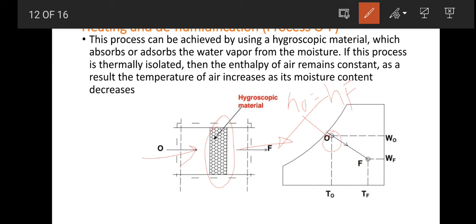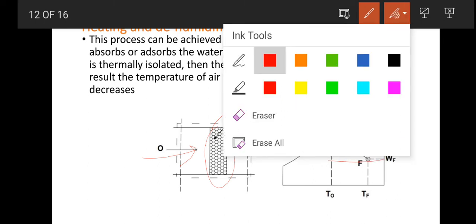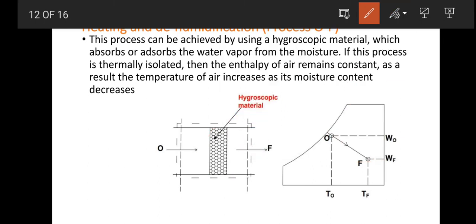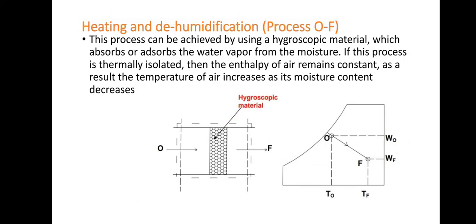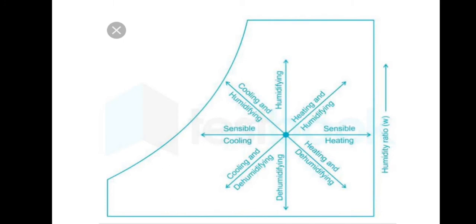This is called the heating and dehumidification process, because this process consists of a latent cooling process and a sensible heating process. Okay, so this is about the heating and dehumidification process. Now we will see all the 8 processes plotted on the psychrometric chart.